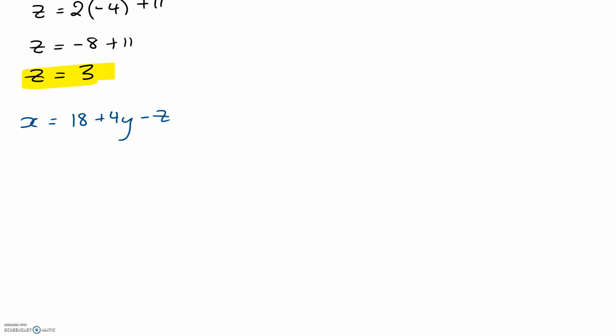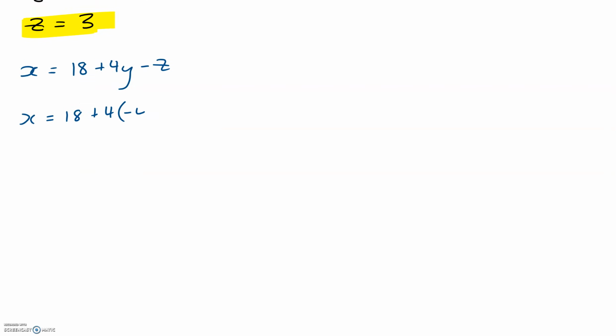Substitute in negative 4 for y and 3 for z. So we've got x is equal to 18 plus 4 multiplied by negative 4 minus 3. X is equal to 18 minus 16 minus 3. X is equal to 18 minus 19. Therefore, x is equal to negative 1.